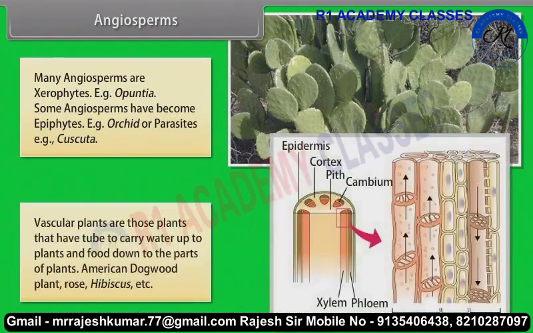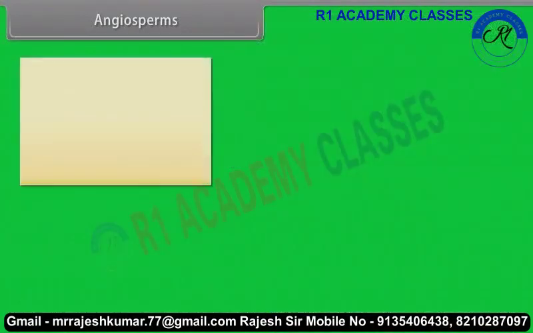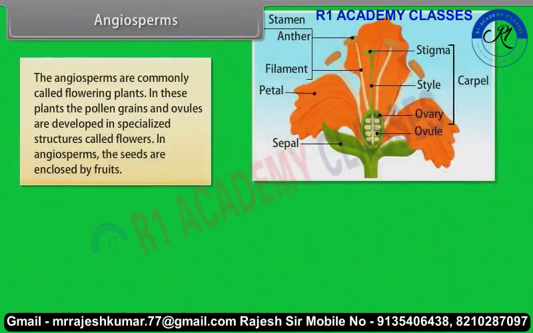Vascular plants are those plants that have tubes to carry water up to the plant and food down to the parts of the plant, such as American dogwood, rose, hibiscus, etc. The angiosperms are commonly called flowering plants. In these plants, the pollen grains and ovules are developed in specialized structures called flowers.